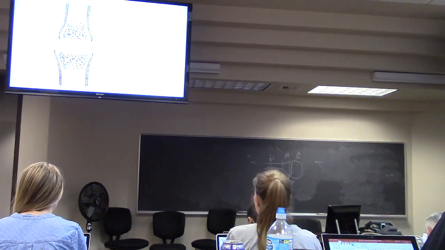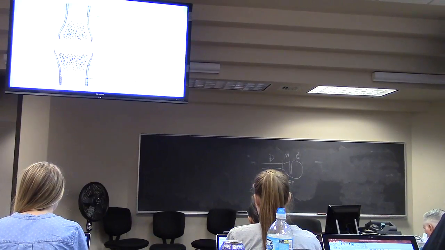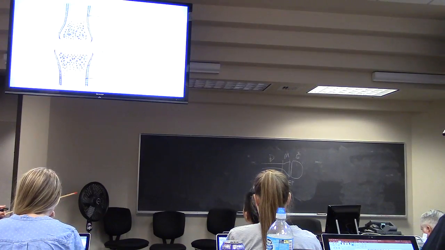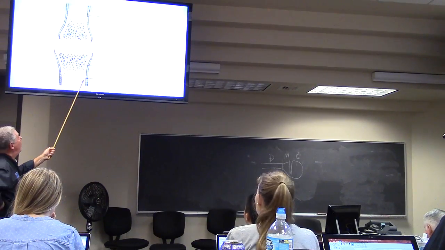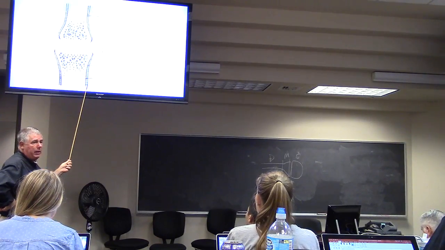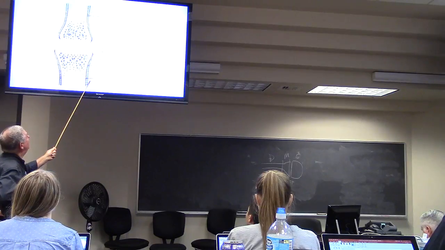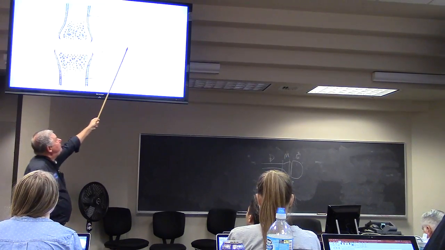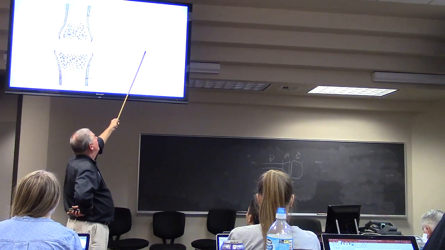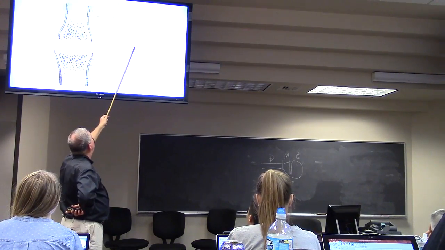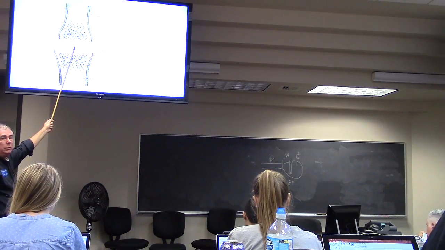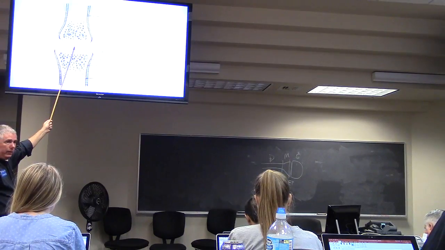Let's take a second and talk about the synovium here. Spongy bone, compact bone right there. The periosteum is out here in the diaphysis. It becomes continuous with the fibrous layer of the joint capsule. Notice that the articular surfaces of the bones are covered with hyaline cartilage.